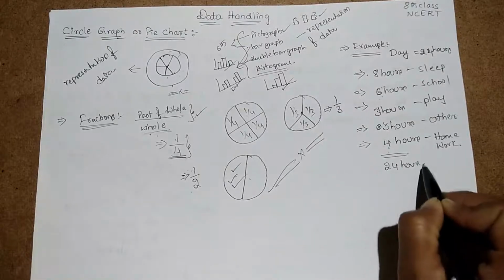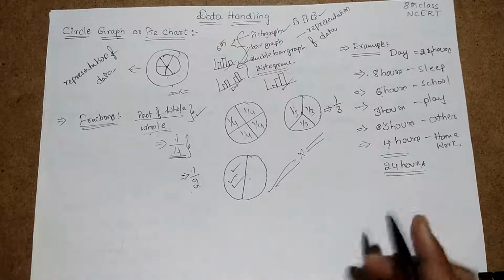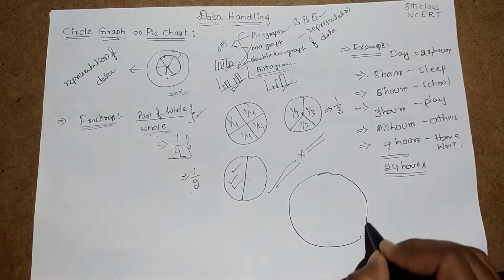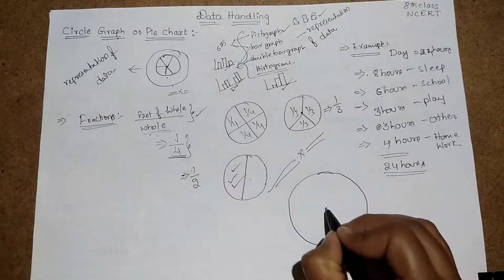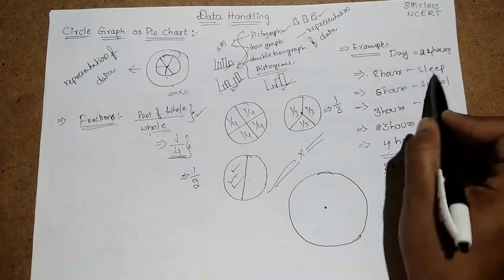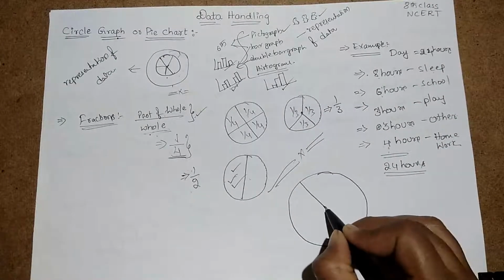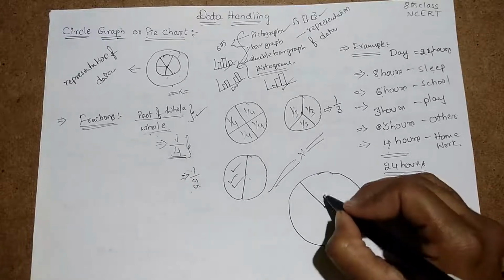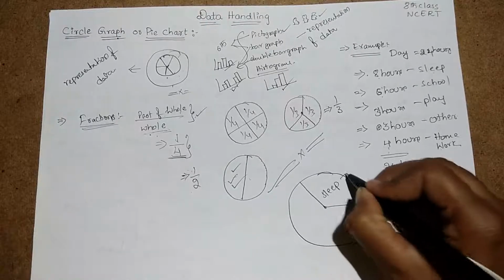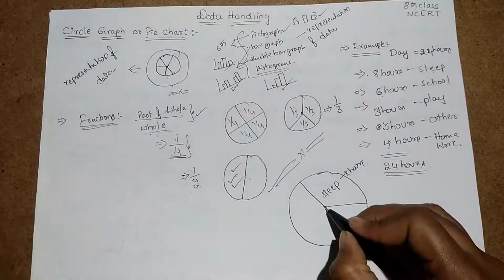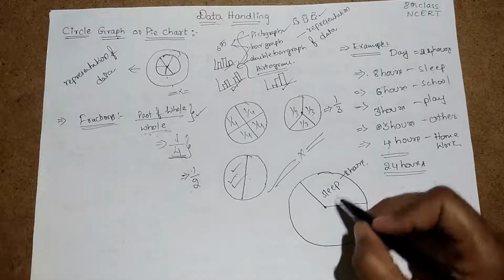Now if you take an example pie chart here, according to this, make a midpoint. Now 8 hours sleep, so let 8 hours be the bigger one, right? So I am taking it like this. This is the sleep, 8 hours. Next, 6 hours school. Let it be just smaller than the sleep.